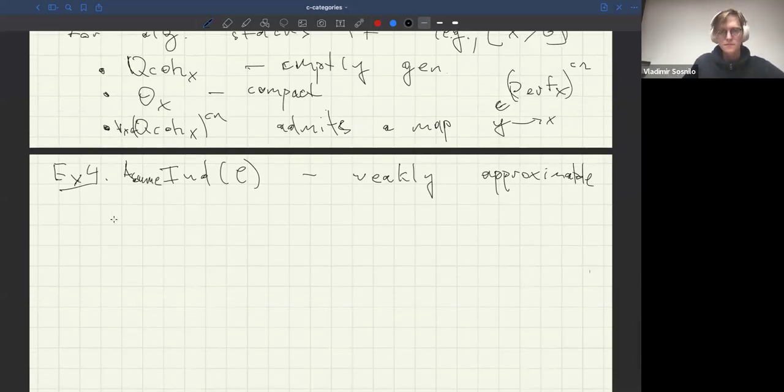So if you try to remember what the definition of approximability is, it says that, first of all, there exists an integer A and a compact generator that satisfies two conditions.